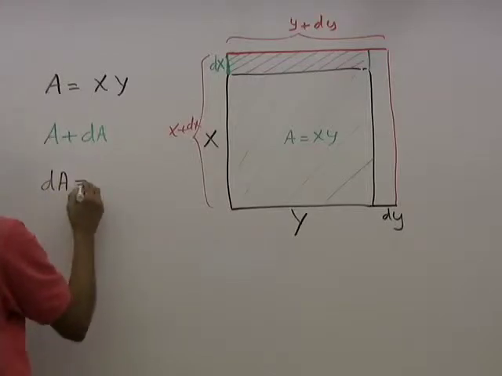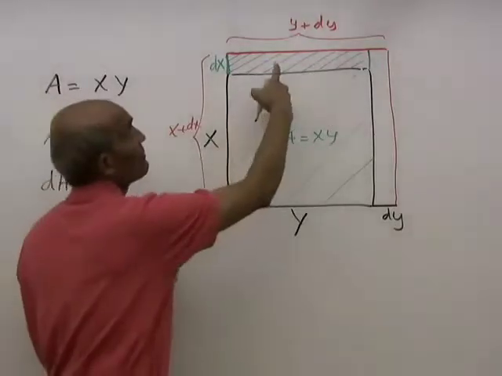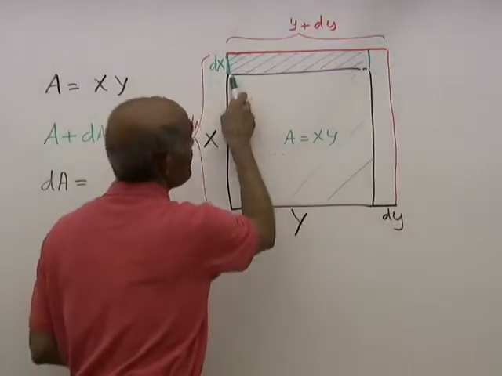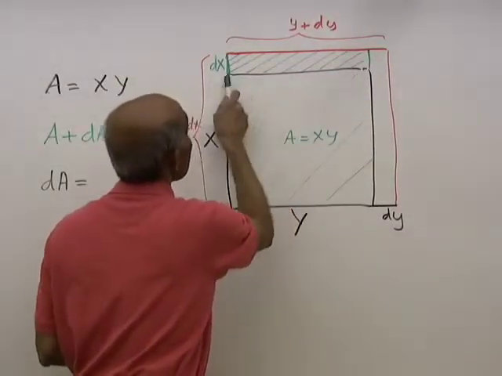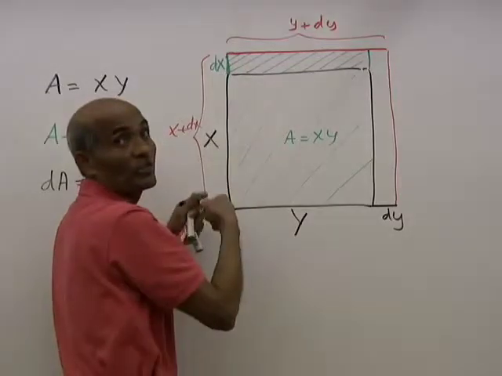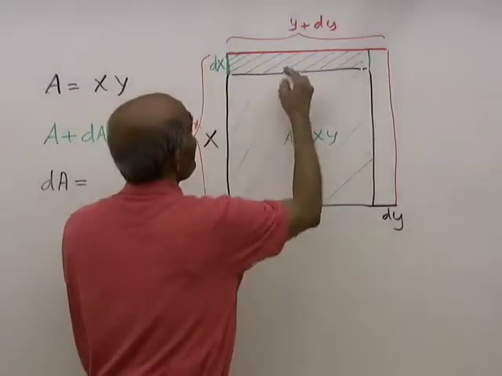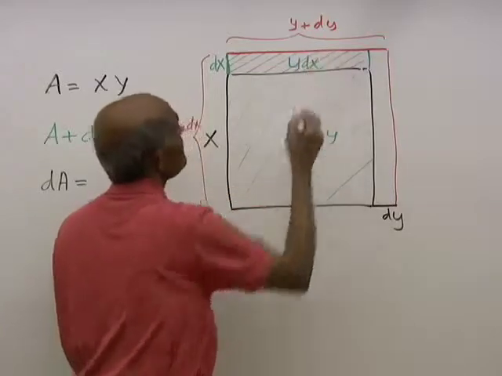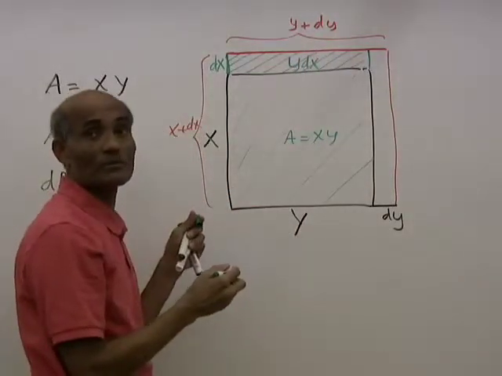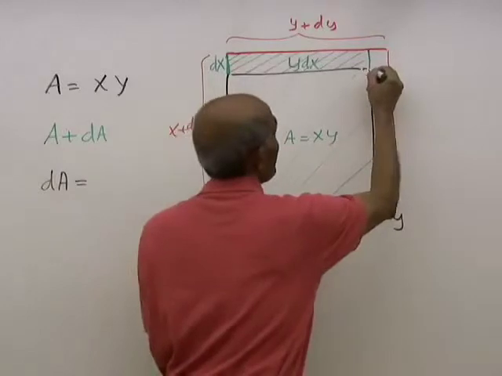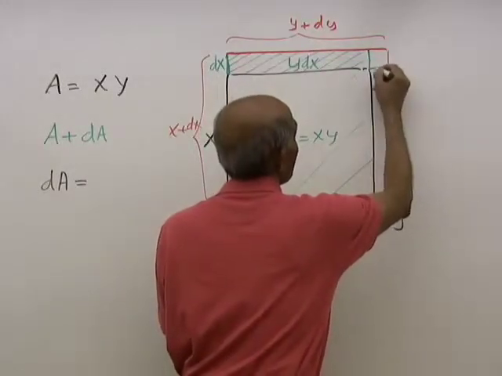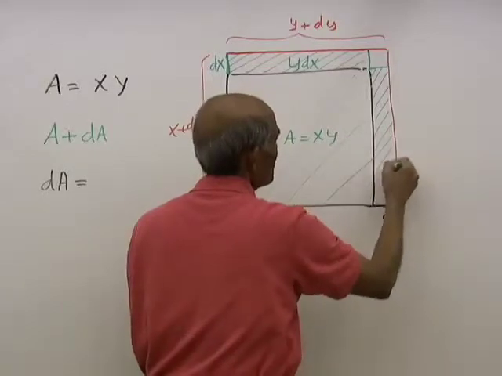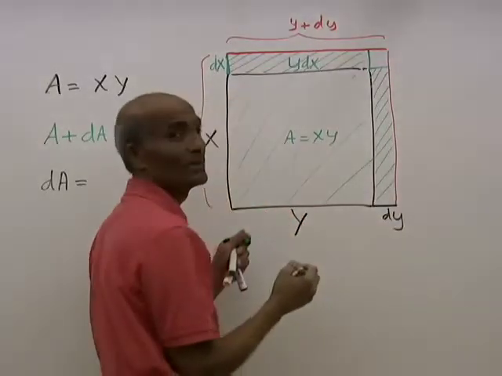I'm going to write it over here. So dA is made up of, that is one part of dA. What is that? This is y, and this is dx. So is it reasonable to say that this will be y times dx? Right? Now, look at this now. This is the second part of that dA. What is this area equal to?